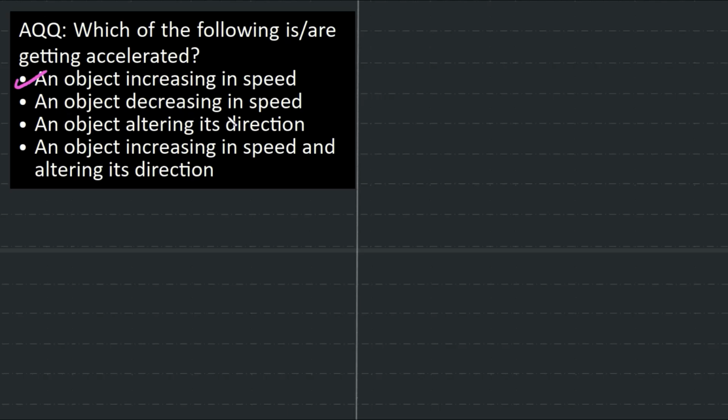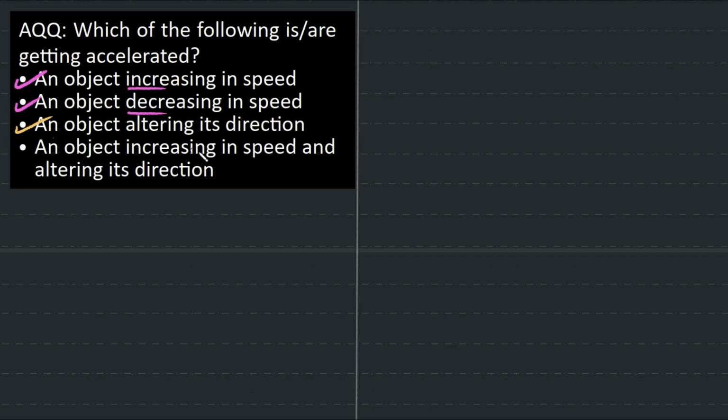An object decreasing in speed? This too is an example of acceleration. The word decrease means what? There is change in speed basically. Next, an object altering its direction? Yes, velocity has not only the speed aspect, that is the magnitude, but also the directional aspect.